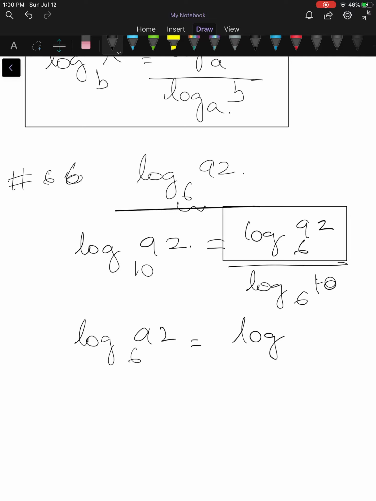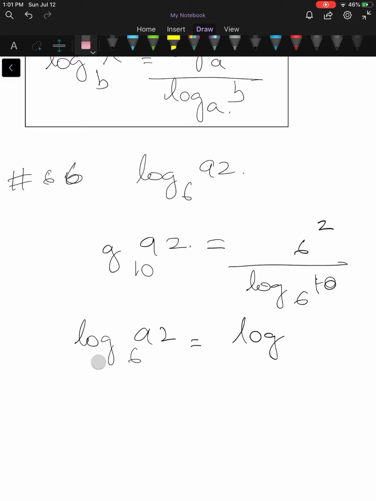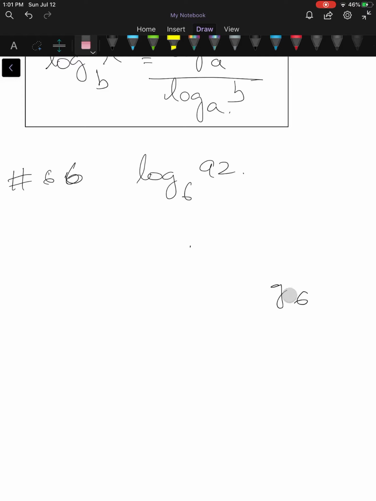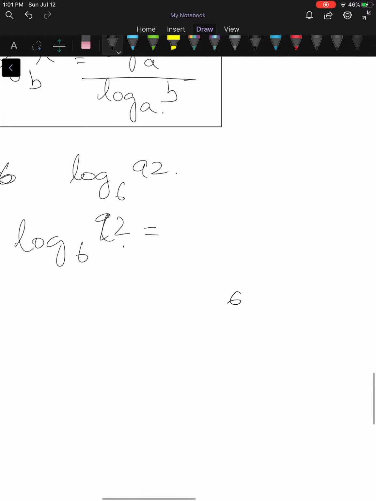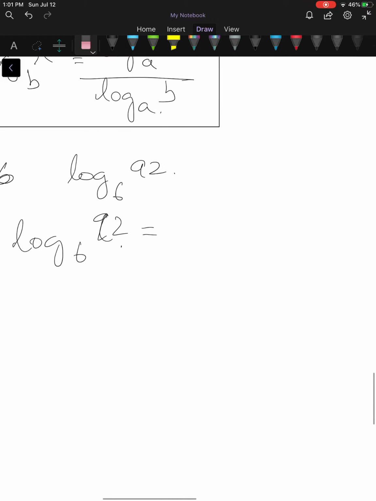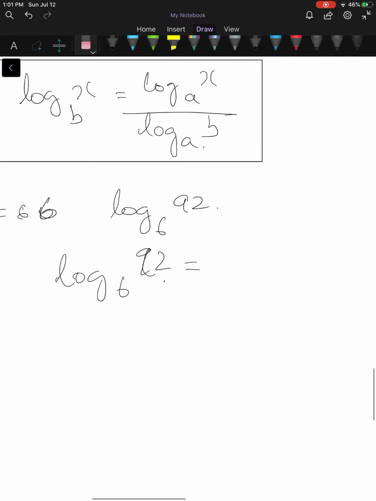Okay, I need this value, so I can use 10 in a different way. I will redo this. Yeah, so if I express this using the formula, I will use base 10 now.